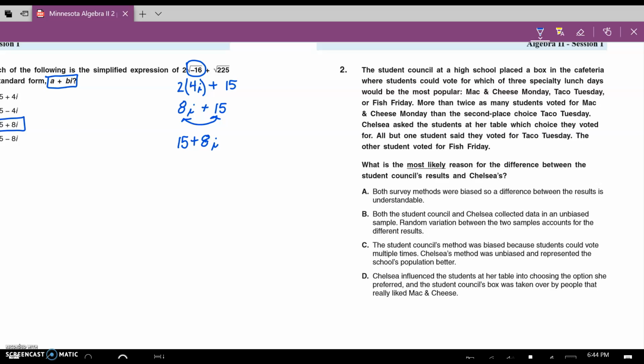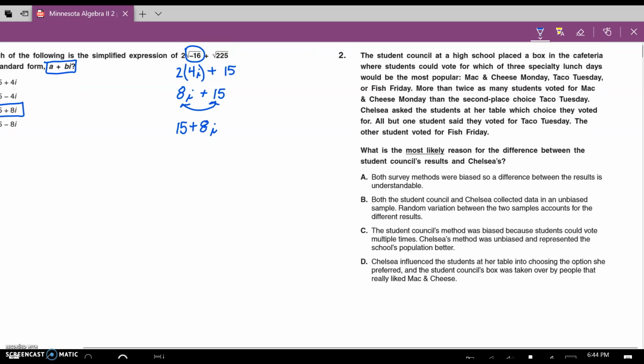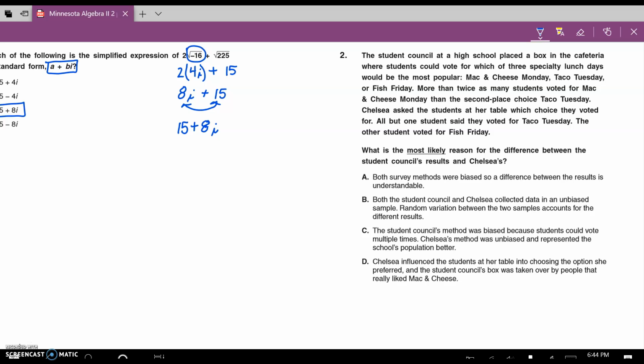And then it said that more than twice as many students voted for mac and cheese than Taco Tuesday. And then when Chelsea went and asked her table, all but one student voted for Taco Tuesday. And then it wants to know why there was a difference when she went and asked her table than whenever the students voted at the survey.